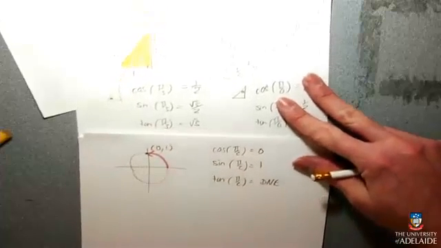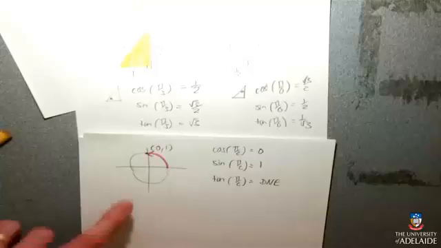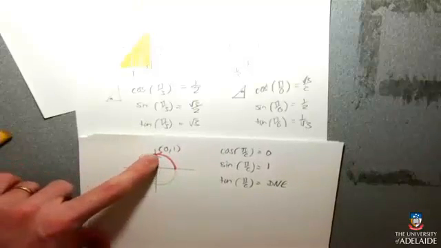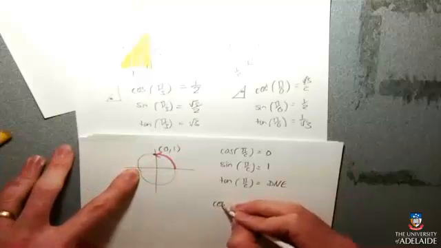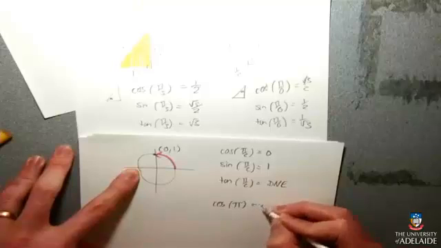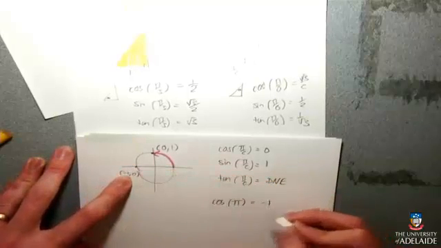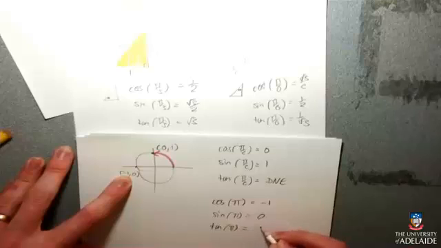And this is where we can start to see what might happen if I extend beyond that first corner, officially called the first quadrant. When I get over in this corner, if I get all the way down here, then I know that cos of pi, this point over here is minus 1, 0. So cos is the x-coordinate, sine of pi is the y-coordinate, and tan of pi is the slope of that line, which is 0.